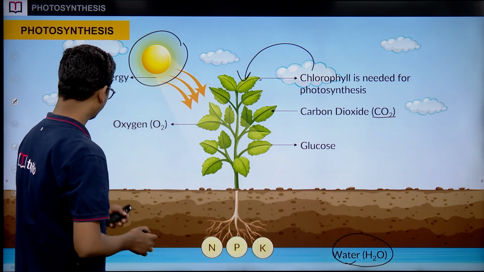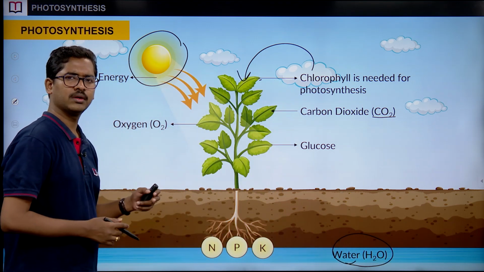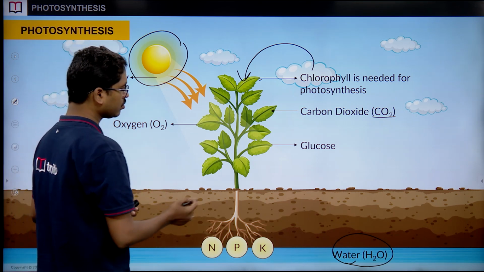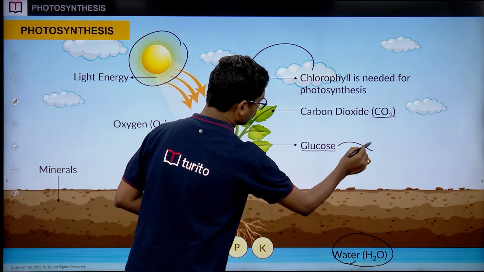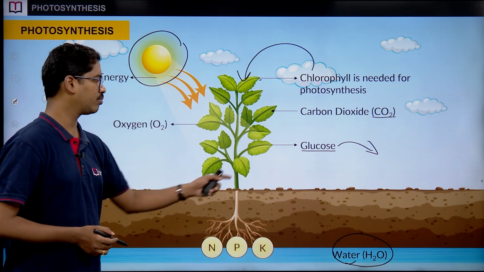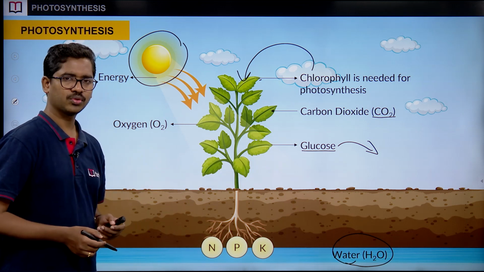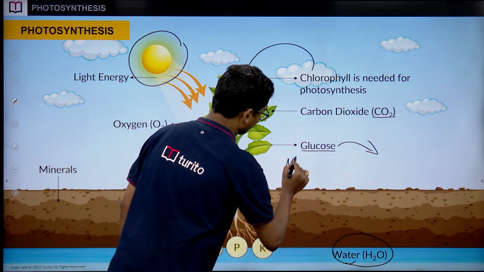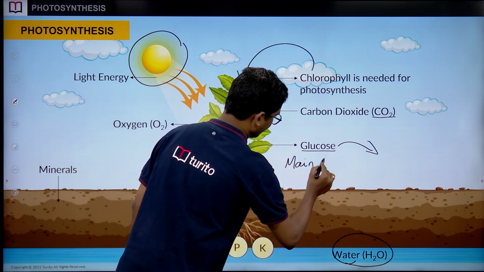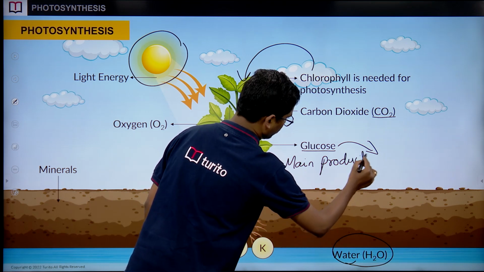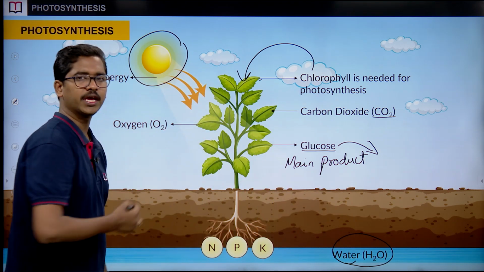Of course, minerals are used, and ultimately they perform the process of photosynthesis in order to produce glucose. The importance here is given to glucose. So, this is the main product.